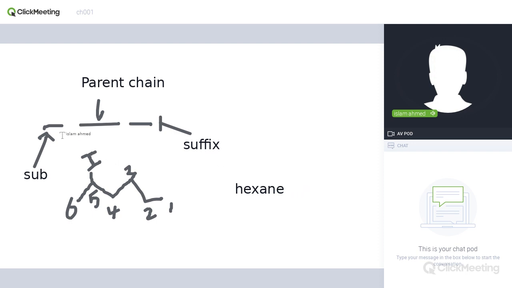After that, we will go for the substitution. Number one, here, the substitution. We have here a substitution, which is the iodine. That substitution could be a methyl group, an ethyl group, iodine, bromine, chloro, any type of substitution that is already present on the carbon chain. In that example, we have an iodine.